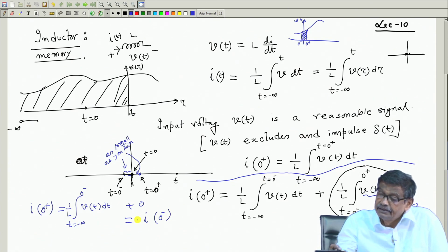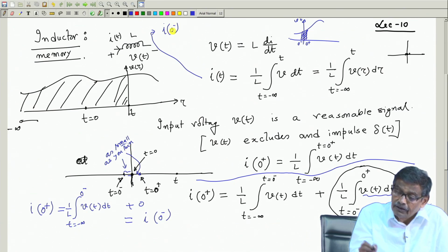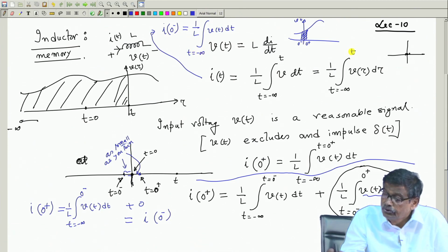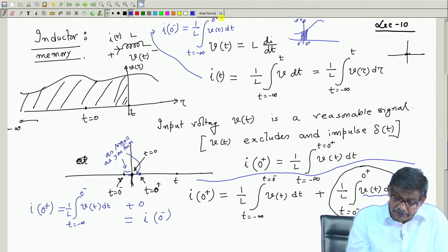This is the general time t: how much will be the current. So, using this relation, I get I at 0 minus. Of course, you have understood, but I am still writing: if you want to know the current at t equal to 0 minus, then integrate the voltage applied across the inductor from t equal to minus infinity to t equal to 0 minus. So, this integral is nothing but the current at 0 minus.